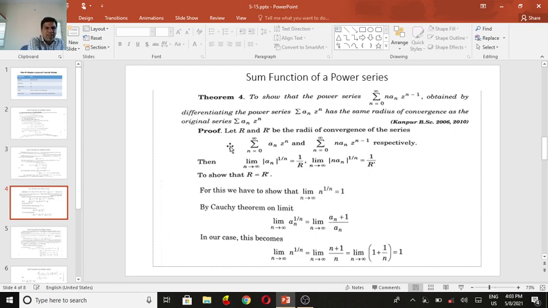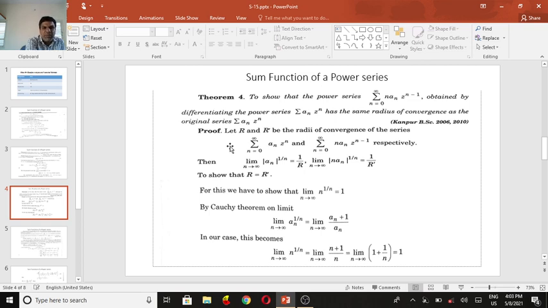Then limit as n tends to infinity of |an|^(1/n) equals 1 by r, and limit as n tends to infinity of |n an|^(1/n) equals 1 by r dash. We need to show that r is equal to r dash.